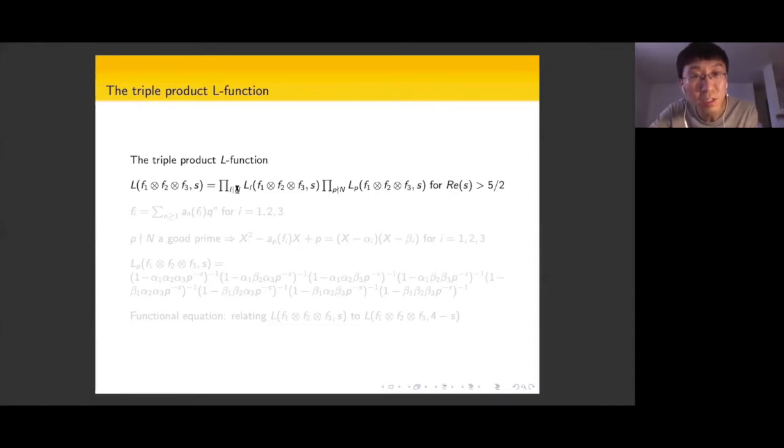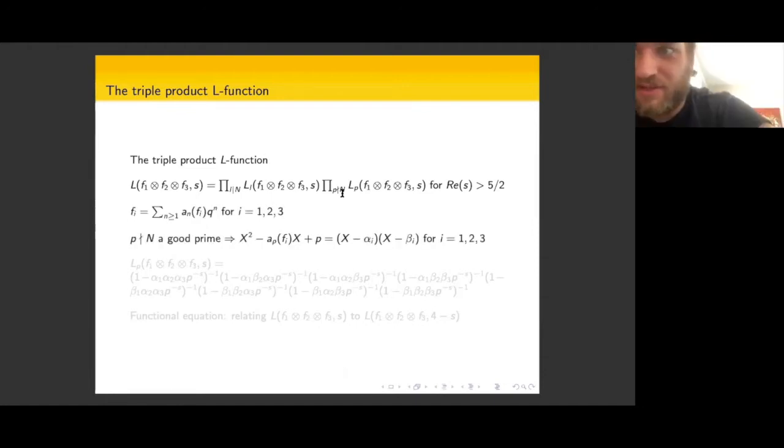I will not discuss the Euler factors at primes dividing N, but I'll simply tell you what the Euler factor looks like when p doesn't divide N. We'll call these the good Euler factors.